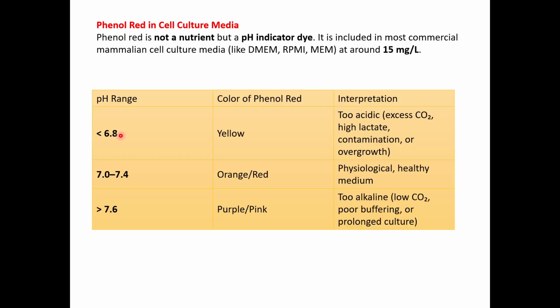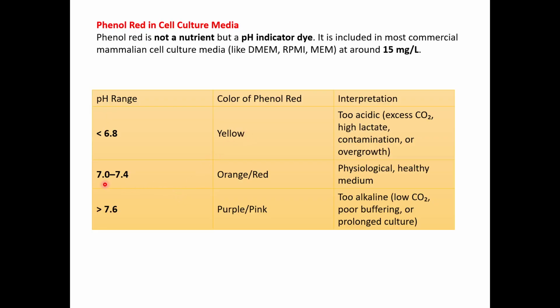So, if the pH is less than 6.8, the phenol red will be yellow in color, and the media also will be yellow in color. So, that shows that it's too acidic, and the causes could be excess carbon dioxide, high lactate, contamination, or overgrowth. These could all be the reasons for this state.